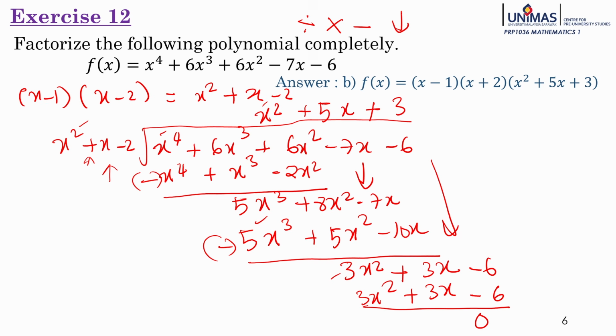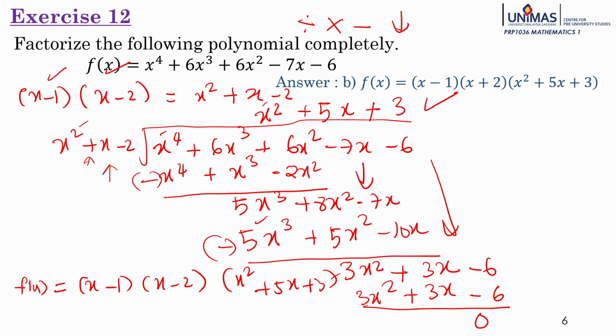So that means the factors here are x minus 1, x plus 2, and x squared plus 5x plus 3. Then we try to factorize this one.